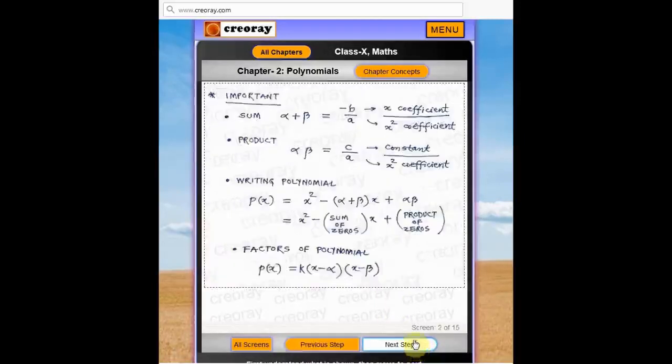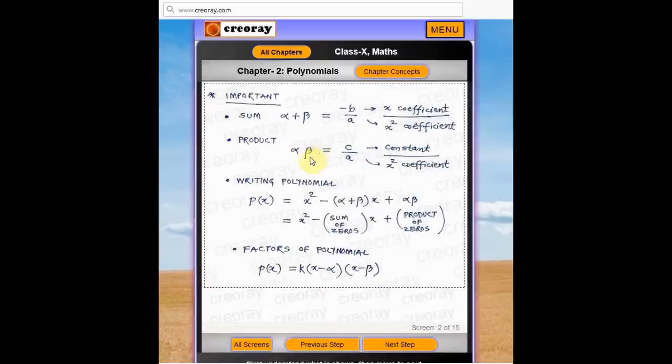Now let's solve some questions on this. But to solve questions, you should know one more property. What is the sum of these zeros, alpha plus beta, and the product, alpha beta? The sum alpha plus beta is given by minus b by a, where b is the x coefficient and a is the x squared coefficient.